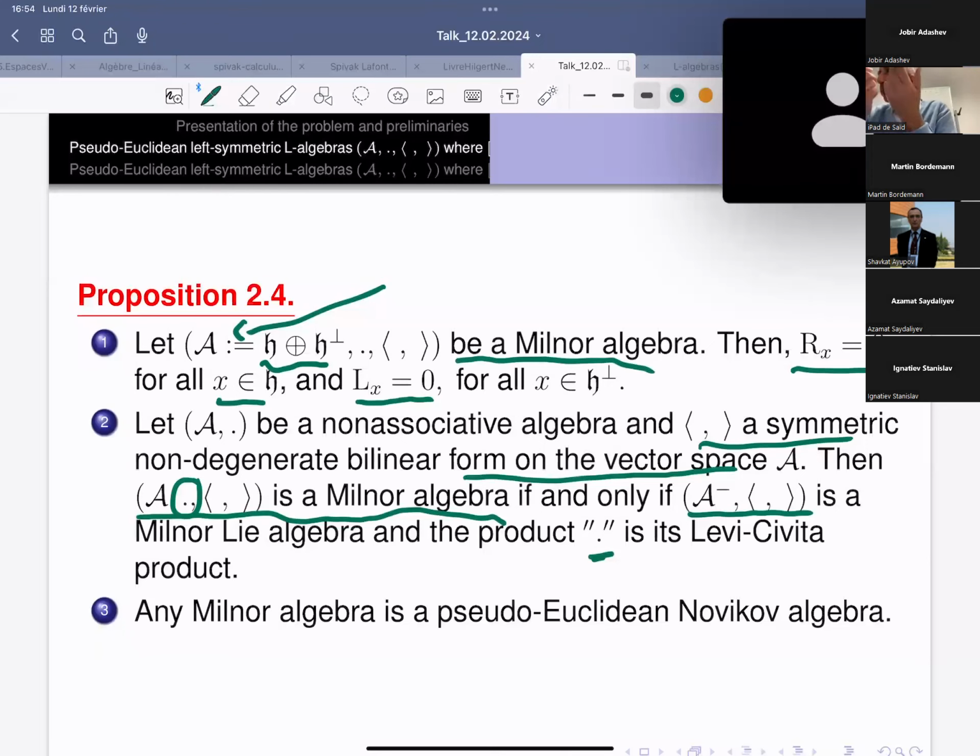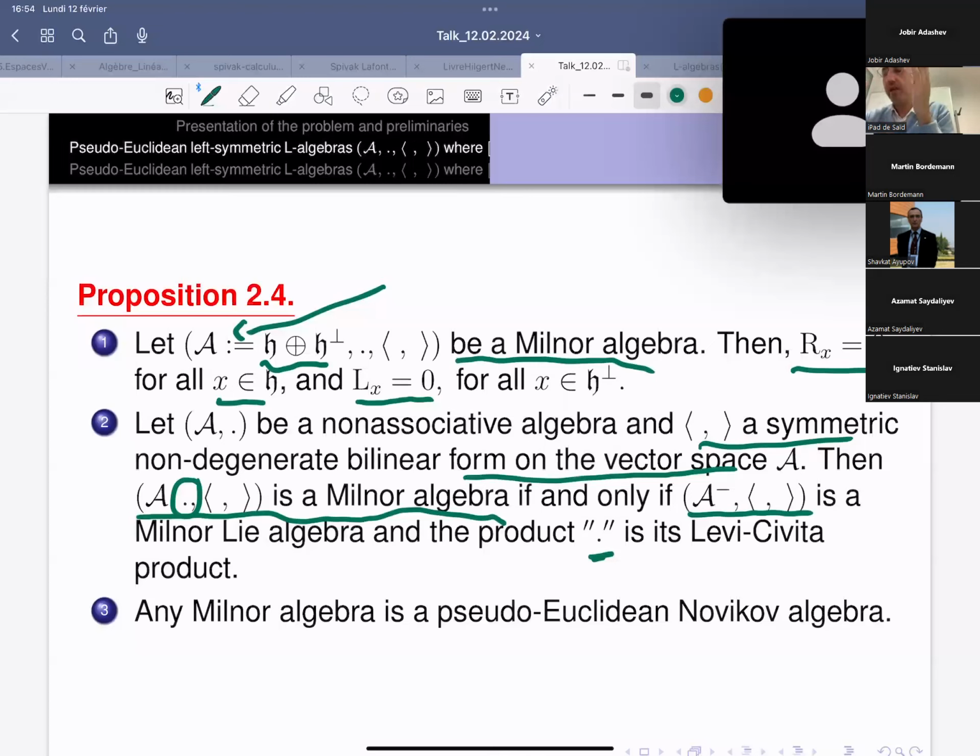If you have a non-associative algebra or left-symmetric algebra or minor algebra, and you want to work in the category of Lie algebras, you should consider A minus.